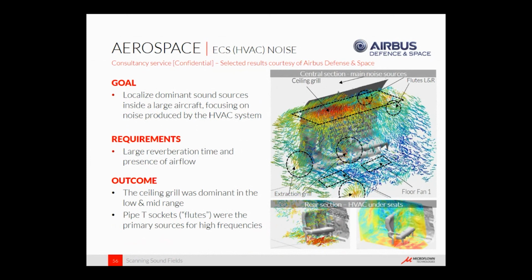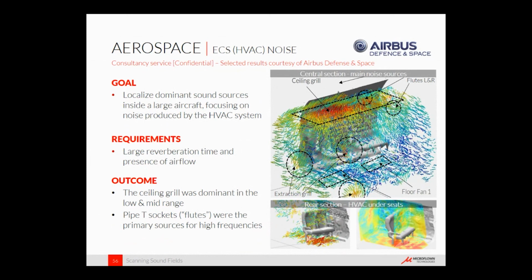So what you could see is that with this 3D visualization, okay, it originates from this T-flute, it moves and then bends down into the cabin. But there were also some different areas at different frequencies.